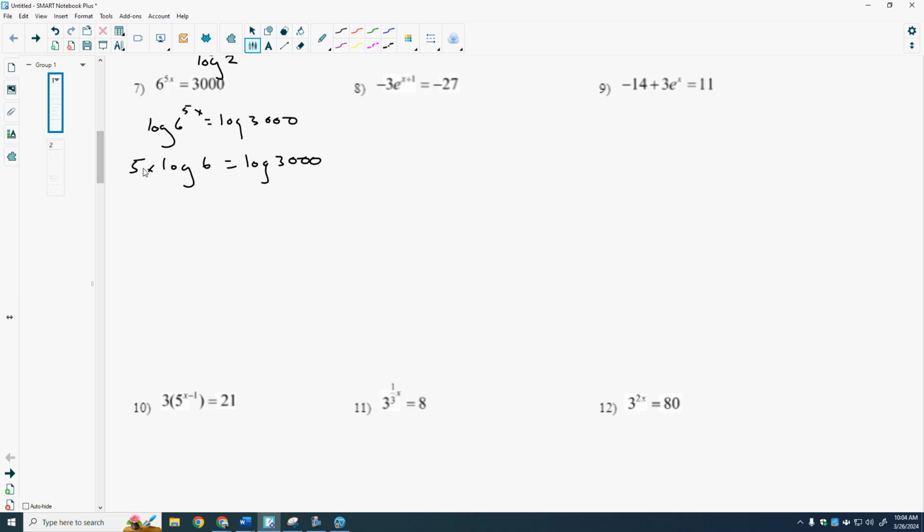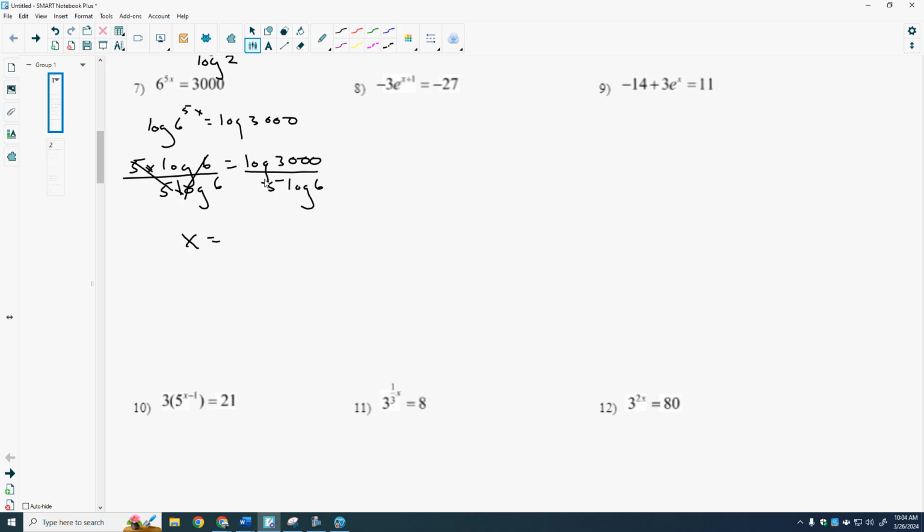I picked log because I want to divide by whatever's being multiplied by my x. I want x by itself. 5 is being multiplied, log of 6 is being multiplied. I'm going to divide both sides by the log of 6 times 5. That goes away, and I get x equals.